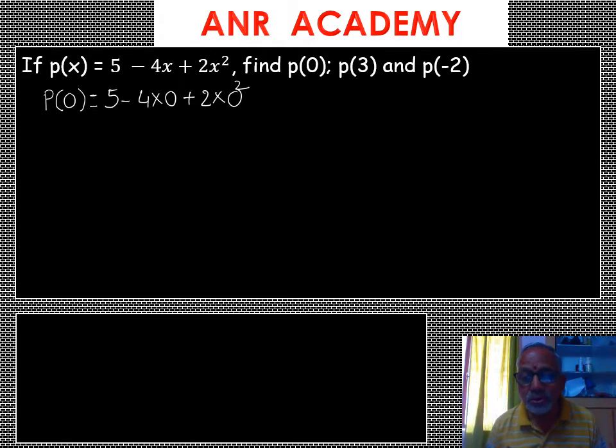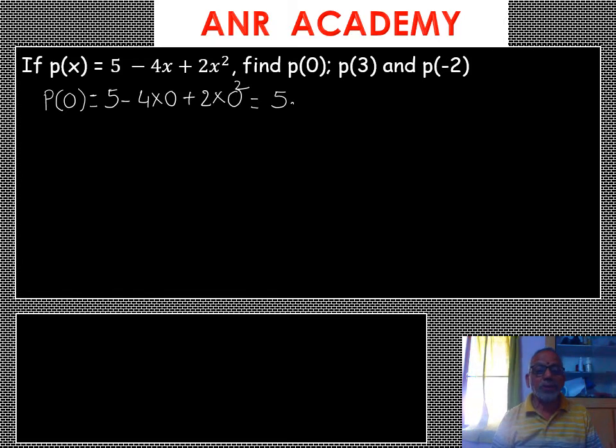Anything into 0 is 0. Next, 2 into 0 square. What is the value of 0 square? 0. So 2 into 0 is also 0. So P of 0 is 5. Only this number will be remaining, 2 becomes 0.